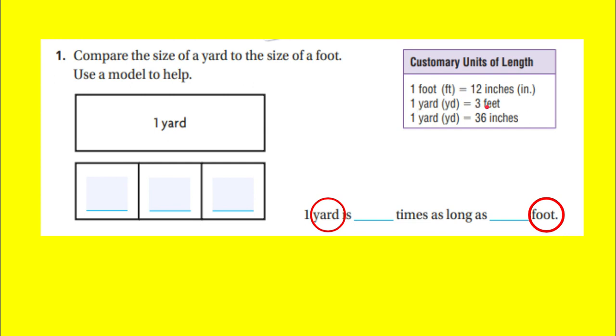So if I check my buddy, 1 yard equals 3 feet. So I'm going to fill in 1, 1, and 1. If I add these together, I get 3. 1 yard is 3 times as long as 1 foot.